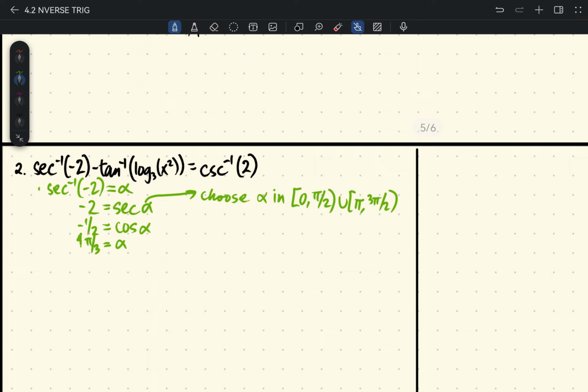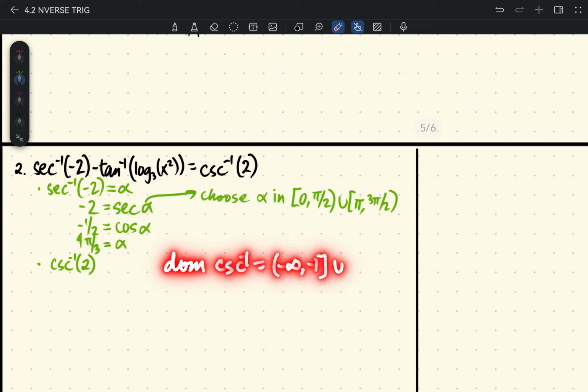Okay, let's continue. So from here, we have another one. We shall evaluate first cosecant inverse of 2. So what's the domain again of cosecant inverse? Domain of cosecant inverse is negative infinity to negative 1, union 1 to positive infinity.